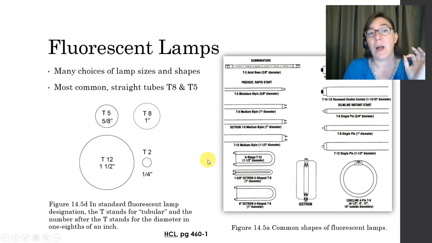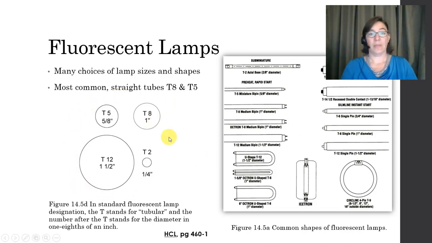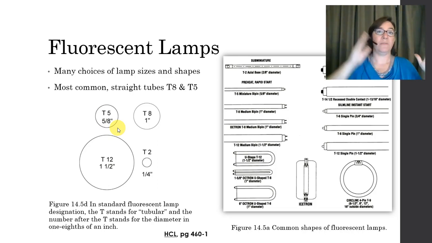The very most common ones are T8s and T5s. You can see their diameters here. So a T8 is a 1-inch diameter and a T5 is a 5/8 inch diameter. And they very typically come in standard lengths of, for example, 1 foot, 2 feet, or 4 feet.